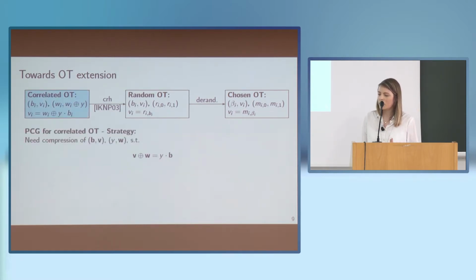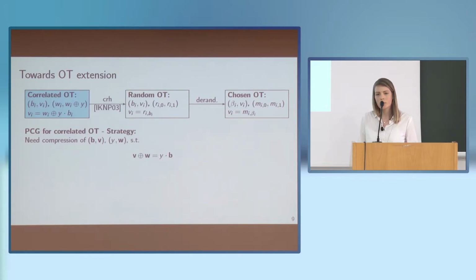So what will be the strategy to achieve a pseudorandom correlation generator for correlated OT? If you look at correlated OT, the message that Alice obtains, you can rewrite it as the message of Bob XORed with Y times her choice bit, so either it's added or it's not added.